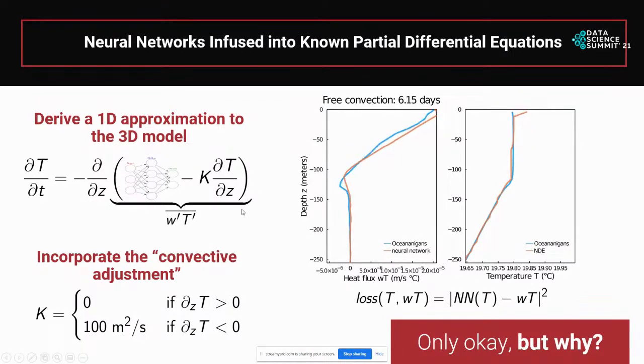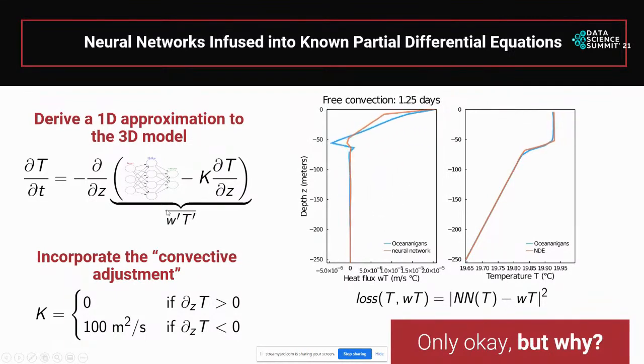So let's have all that information in there, and let the neural network learn that other stuff. Now you can make this a simple machine learning problem. There's a heat flux that we're missing, so we can take our heat flux measurements and put a loss against them. But this only does okay.